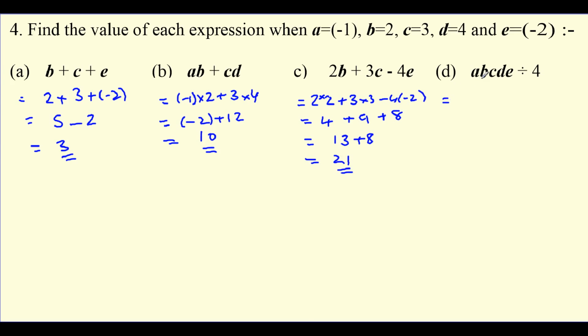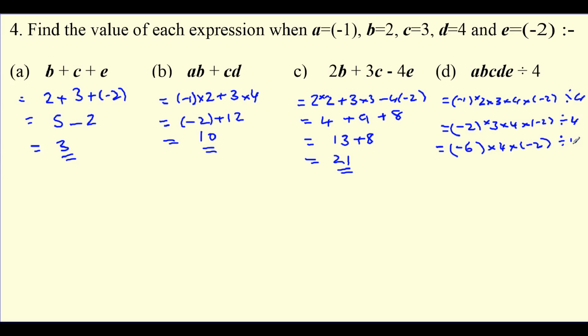Okay, and ABCDE over 4 means A times B times C times D times E, and then we're going to divide by 4. So that's going to give us negative 1 multiplied by 2 multiplied by 3 multiplied by 4 multiplied by negative 2, and then divide by 4. Negative 1 times 2 is negative 2. Negative 2 times 3 would give you negative 6, and we're still multiplying by the 4 and the negative 2 and dividing by the 4.